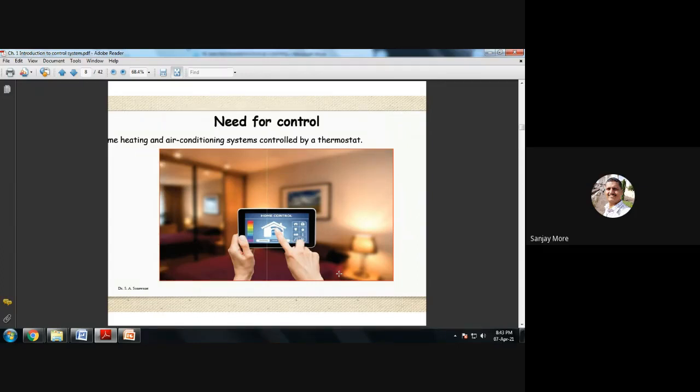So in this section, we are studying the thermostat. The thermostat is used to measure or control the temperature. The diagram displays the air conditioning temperature going up and down with the help of this control system.